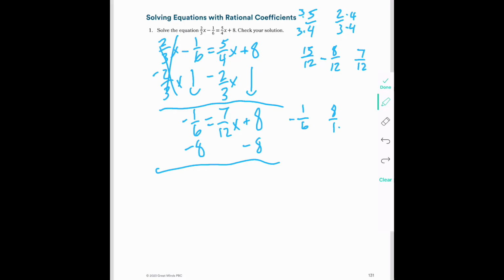The common denominator would be 6 here, which is very simple. So this one will change into 48 over 6 minus 1/6, and this is negative. So negative 1, because it's a negative fraction, minus 48 would equal negative 49 over 6.